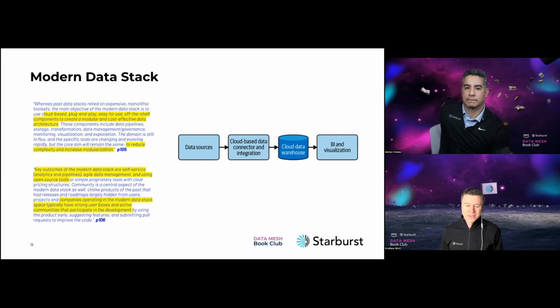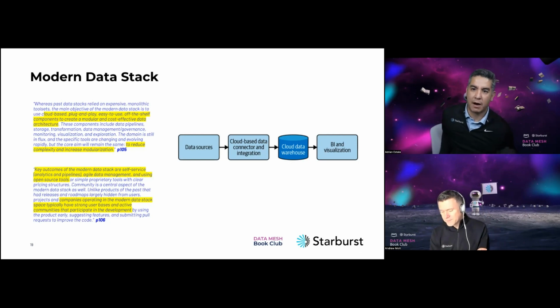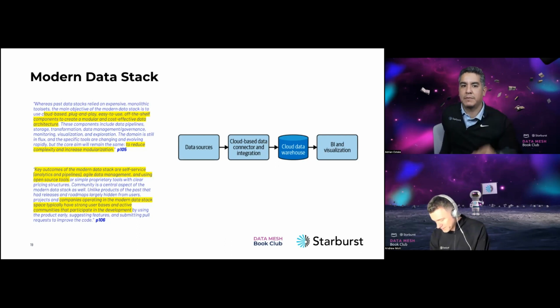The innovation is in the technology stack, I guess. And going back to data mesh, I like how they call out specifically that the notion of self-service has to be a key element of any modern data stack. So credit to them. I think they hone in on that point.